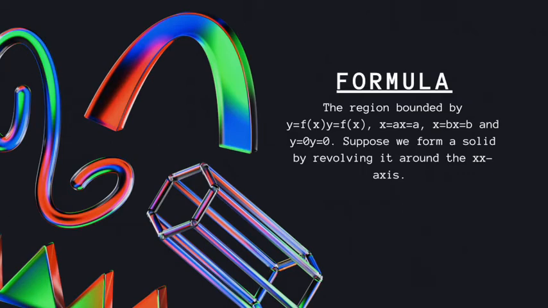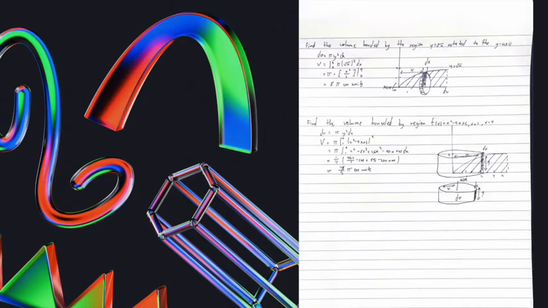Suppose we form a solid by revolution around the x-axis. Example.